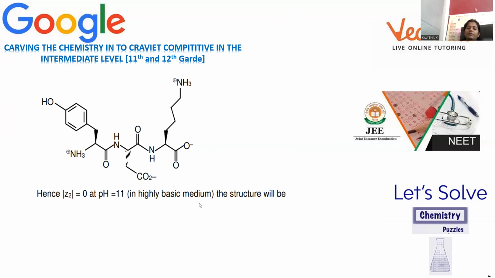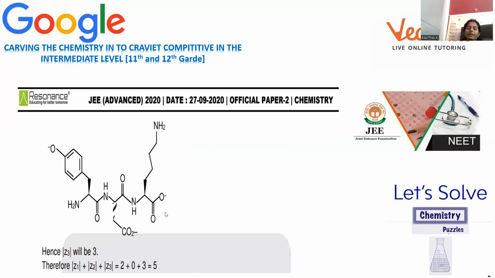So for a basic medium, acids are active, so both the free acids lose H plus ions towards the bases, and you can notice carboxylate, while NH2 is unaffected, and the peptide is also inert in nature. Only the carboxylic acid releases the H plus. So here negative net charges are 2. For Z3, you can notice the net charges are 2 over here.